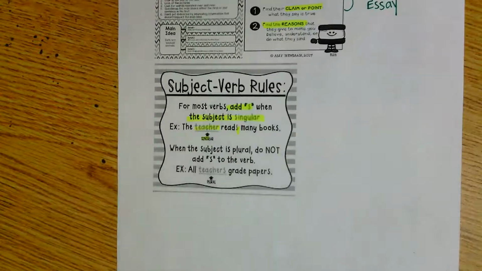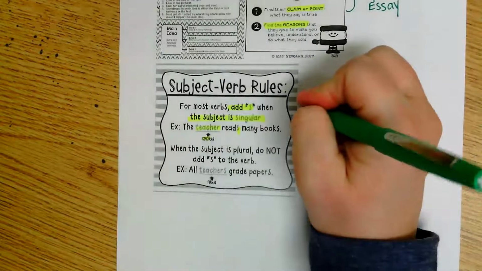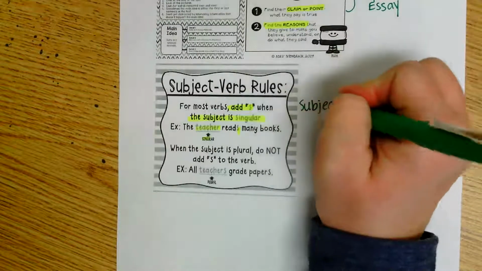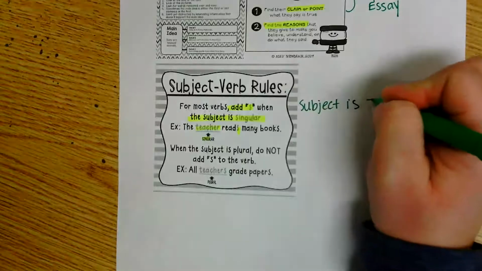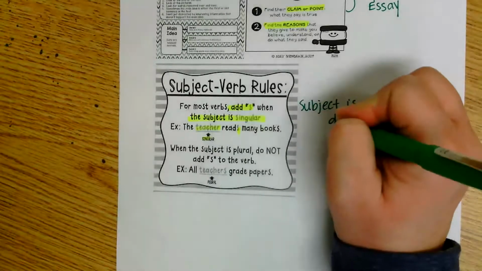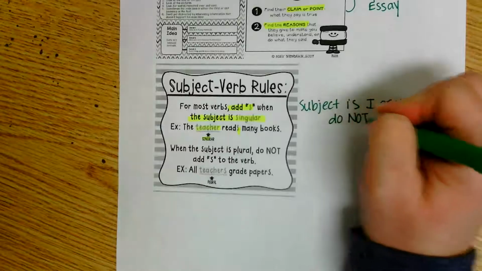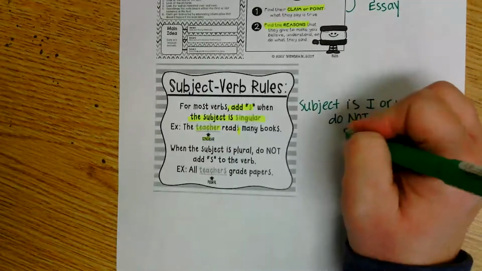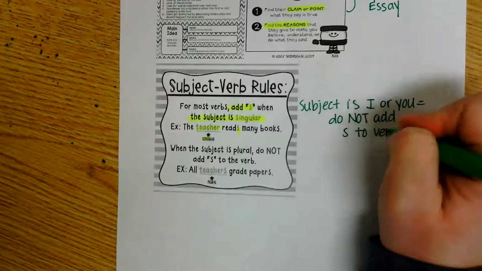Now, exception to the rule, and we talked about this early in the unit. If your subject is I or you, then you do not add S to your verb. So keep that in mind.